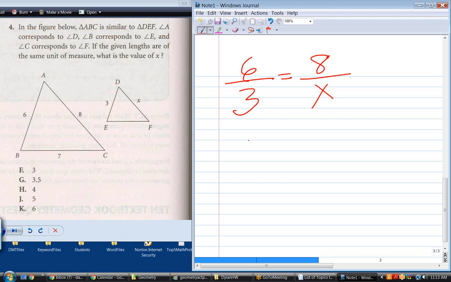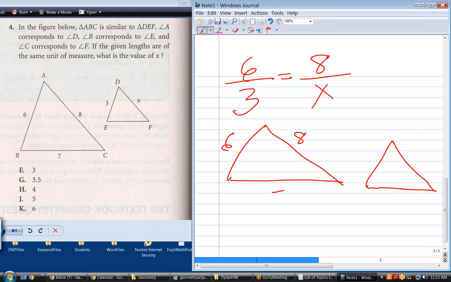Now, here's the thing about similar triangles, and one reason that it's easy to get confused by them. This is a 6, 8, 7, and this is a 3, 4, 3.5. So you have your basic ratios.